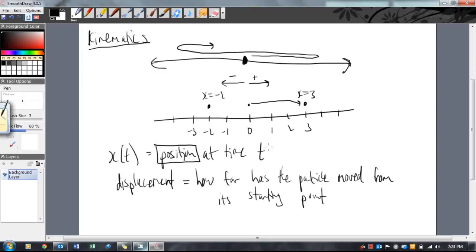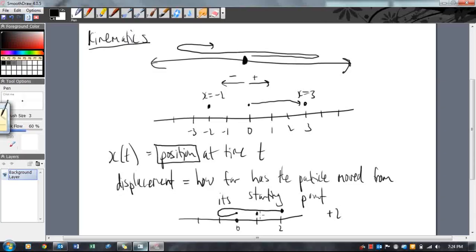So displacement says that if that's 0, -1, -2, that sort of thing. If it starts at 0 and goes this way and then this way and finishes here, then we say it has a displacement of 2. So it's ended up at 2, it's ended up +2 from where it started, +2.